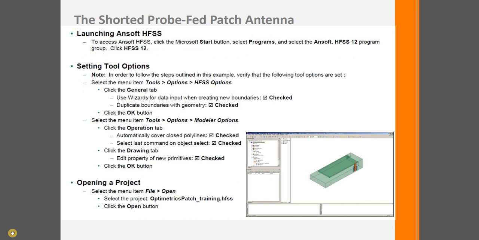So we're going to use one of the HFSS examples, which is the shorted probe patch antenna, and we can set the solution setting tools options.